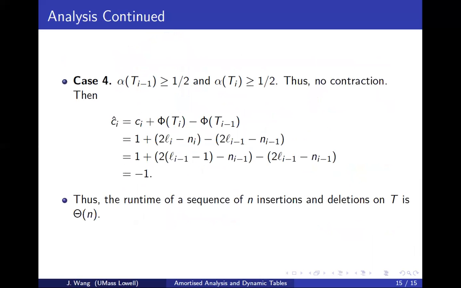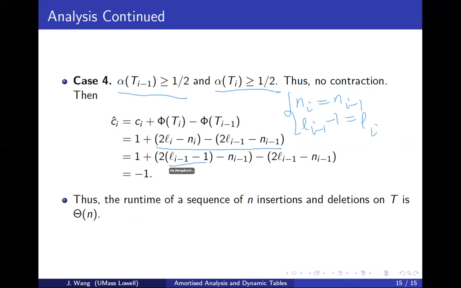Then we have our last case. Before deletion, the load factor is greater than or equal to 1/2. After deletion, it is still greater than or equal to 1/2, so no contraction. In this case, we use the first part of the energy function, that is this. So again, we have this, and we have this. So plug these relations in.